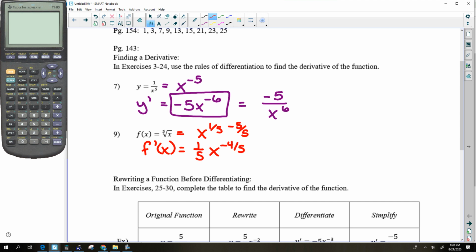Okay, it could look like that, which I'm assuming that's what the answer would look like right there. But it could also potentially look like the 5th root of x to the 4th. I don't think they would write it like that, but they might. I don't know.